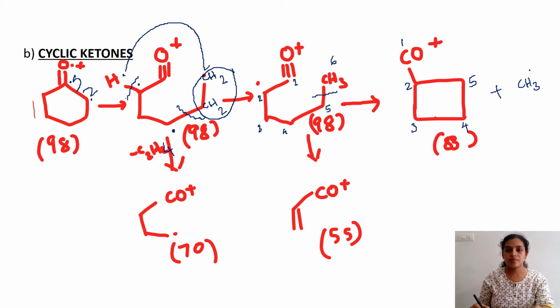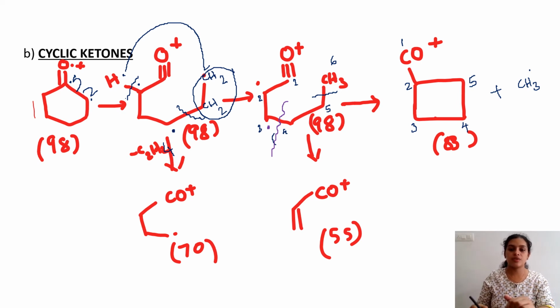And from here to here, what might have happened? The CO is there, and the second and third carbon, only these much are there. So the fragmentation occurred here so that there are odd electrons on the second and third positions, so that they can pair up easily to give you a double bond here.